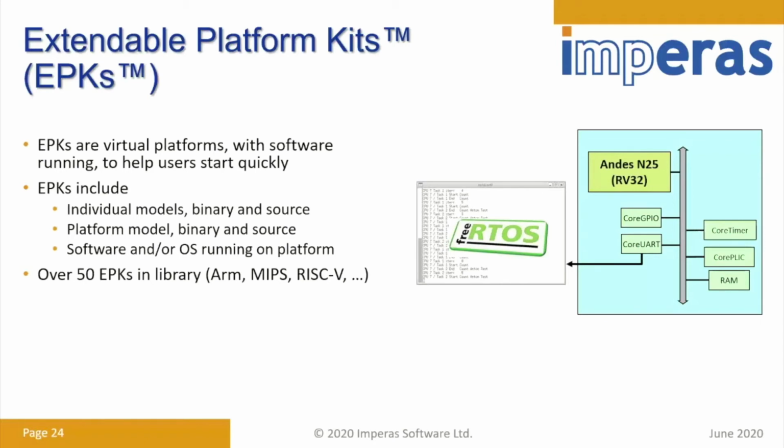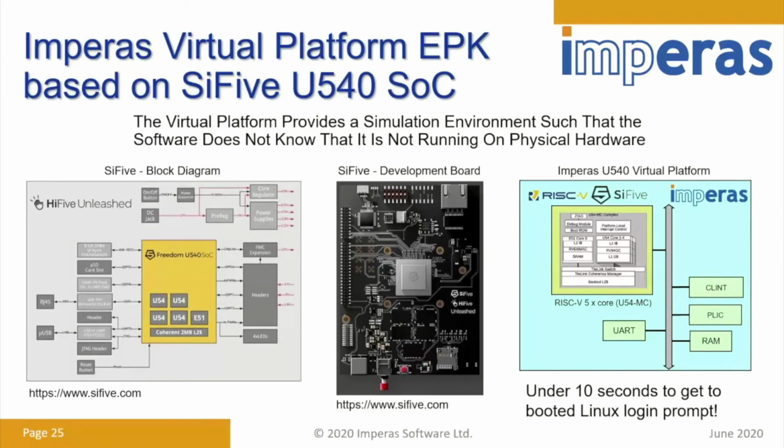So we've got an N25 with a CLINT, timer, and UART, things like this, and you can pretty quickly get applications up and running on this, or even more complex ones such as the SiFive U540, which is a quad-core processor booting Linux. In fact, it's got 5 cores, but only 4 are visible to the Linux once the Linux is up and running. One of the cores is used during the boot.